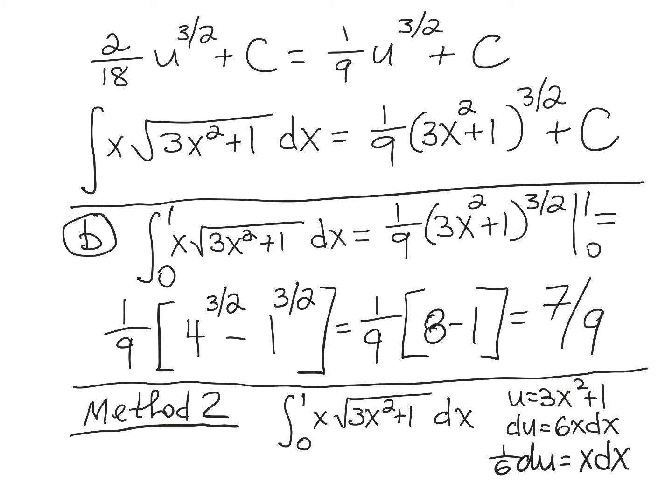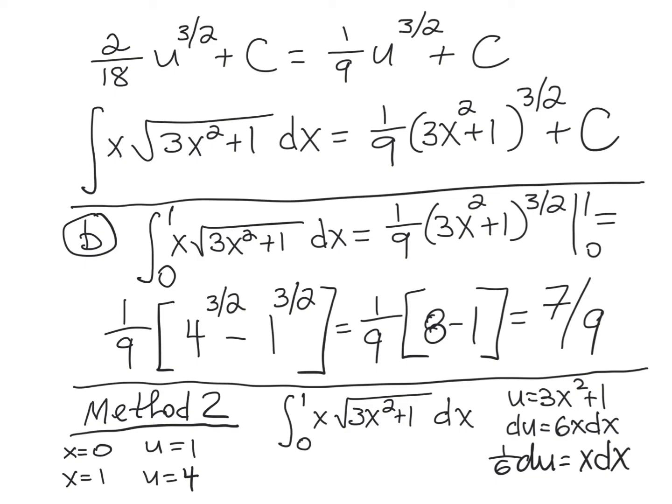And now we need to notice that when x is 0 and u is equal to 3x squared plus 1, u is going to be 1. And when x is 1 and u is 3x squared plus 1, u is going to be 4.